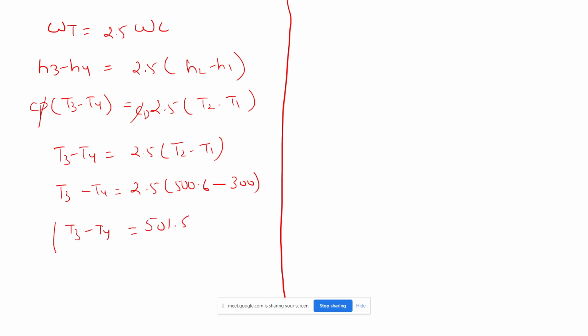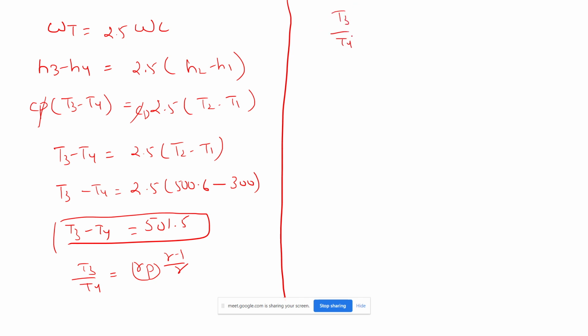Okay, now we again know from this formula T3 upon T4 is equal to Rp to the power gamma minus 1 upon gamma, because we are talking about the isentropic process. For an isentropic process, this is the identity, the formula which we use. So T3 upon T4 is equal to 6 to the power 0.4 divided by 1.4. We can write this as equation 1.